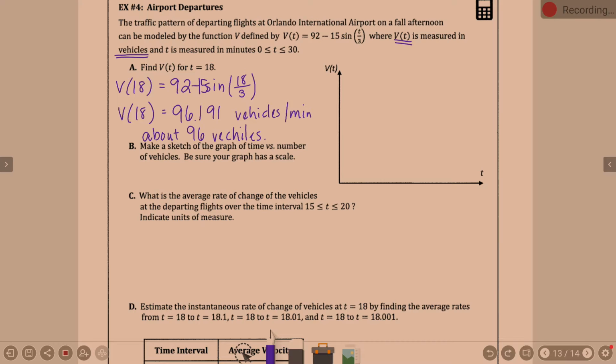Now, it asks us to make a sketch of the graph of time versus number of vehicles. That's using your calculator at that point. This is not something that we would graph by hand. You definitely do have to change the window. And actually, I already have the equation typed into my graph, don't I? Since we're about out of time, window settings.